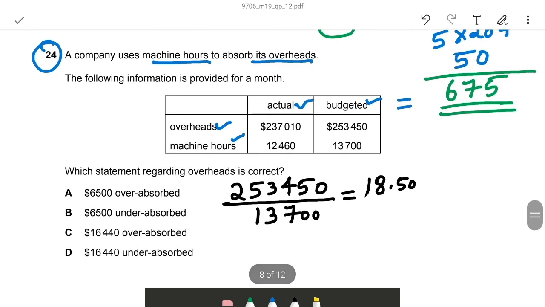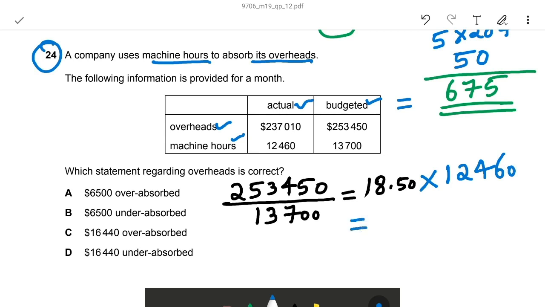Now the actual machine hours is 12,460. So as per the budgeted rate, the machine hour cost will be 18.50 multiplied by 12,460. How much does it come to? 230,510.